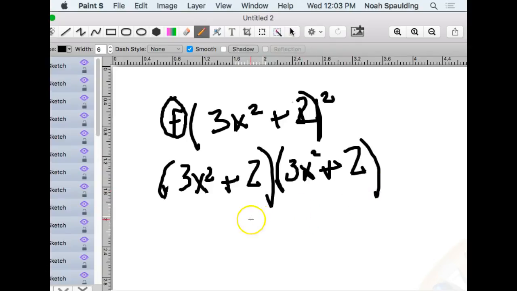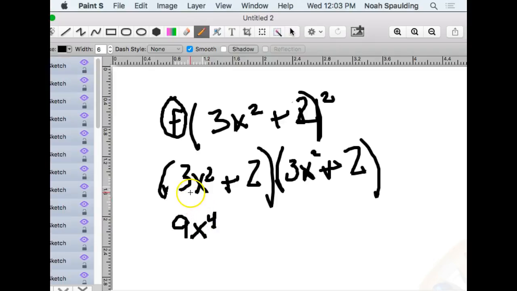Okay, and when we FOIL this, same thing, it's FOIL. When you FOIL this, 3x squared times 3x squared, you have to do two things. You multiply the 3 and the 3, which becomes 9, and the x squared times x squared, you add the exponents. So that is x to the 4th power.